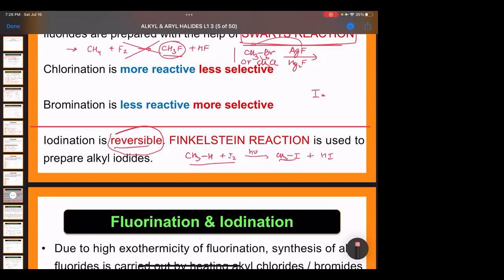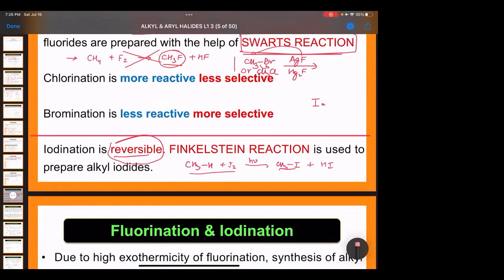The next thing is there is one more solution by displacement that is called the Finkelstein reaction. Just similar to Swarts, but Swarts is the replacement of the halogen by F. Finkelstein is replacement of halogen by I. So we can get CH3Br or CH3Cl easily because they don't have those problems which we have seen in fluorine and iodine.